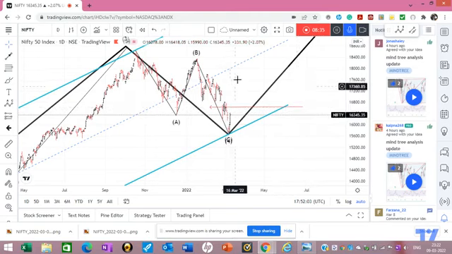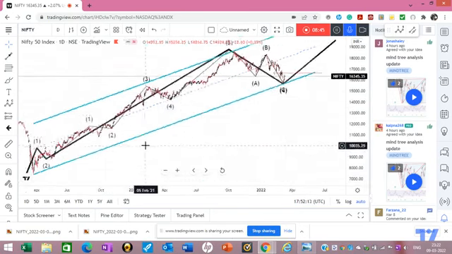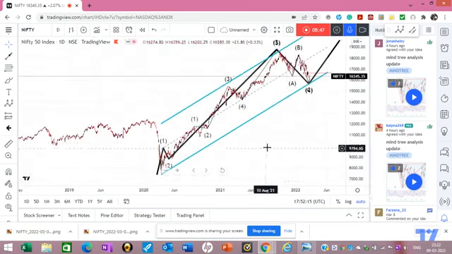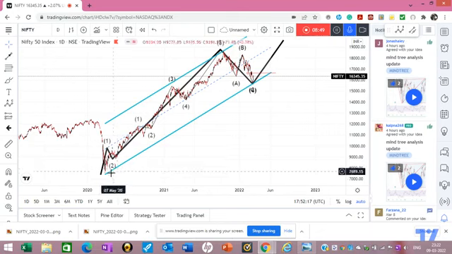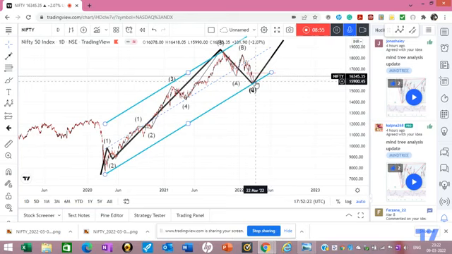Once it breaches this line, then I can be sure that the upward trend has started. So ABC corrective move, this is the way I've drawn the channel: 1, 3, and 4.